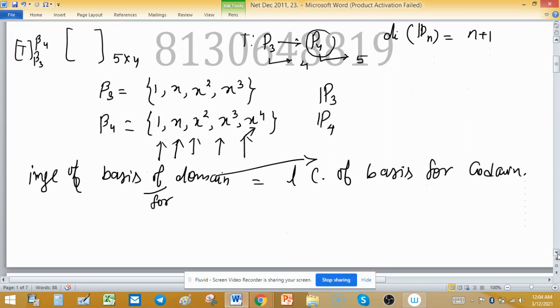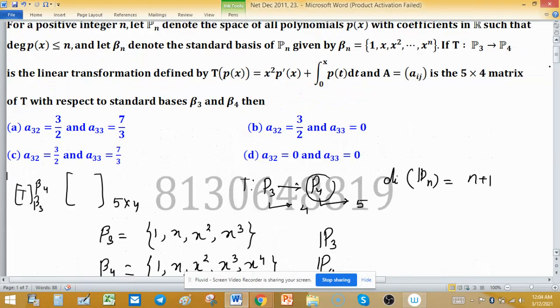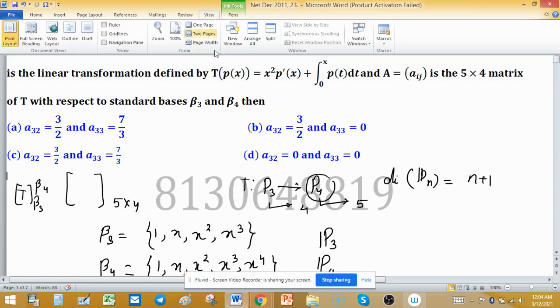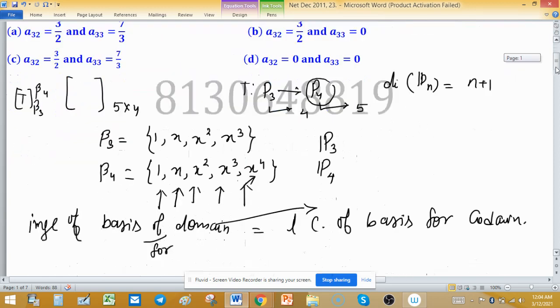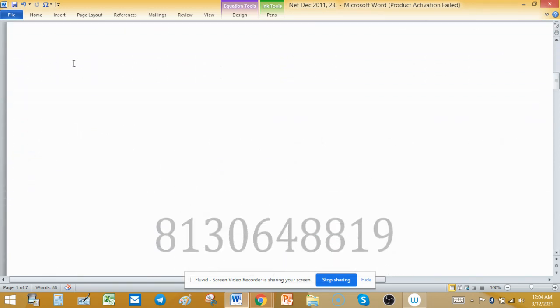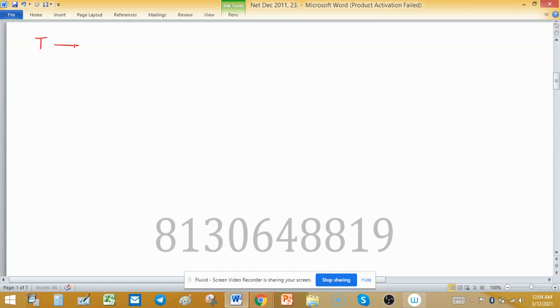So the first domain entry is 1, and T sends p(x) to the image x square p'(x) plus the integral from 0 to x of p(t) dt.